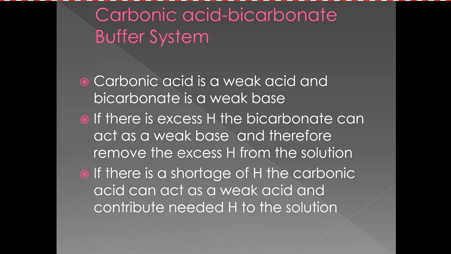So it is salts that affect the change of an acidic solution becoming less acidic. So bicarbonate can act as a weak base and therefore remove the excess hydrogen from the solution. If there is a shortage of hydrogen, the carbonic acid can act as a weak acid and contribute the needed hydrogen to the solution.